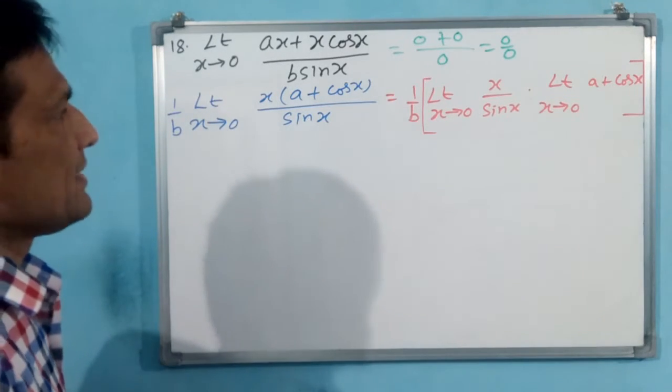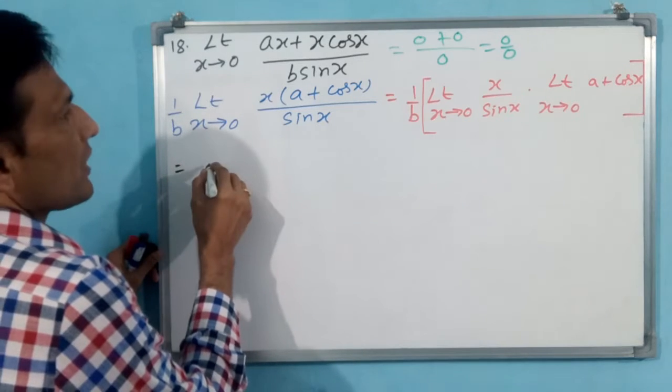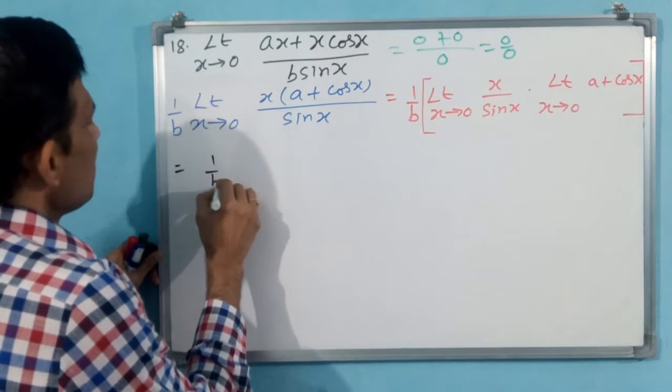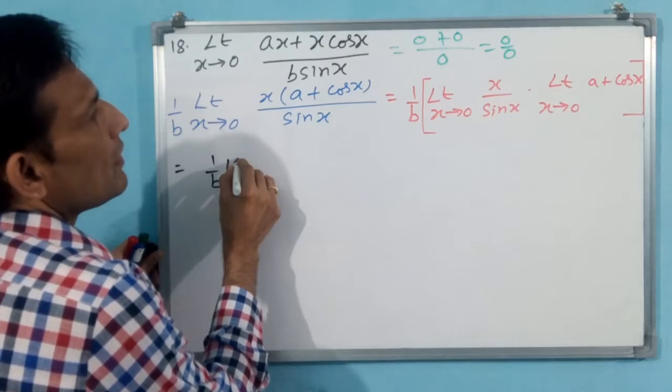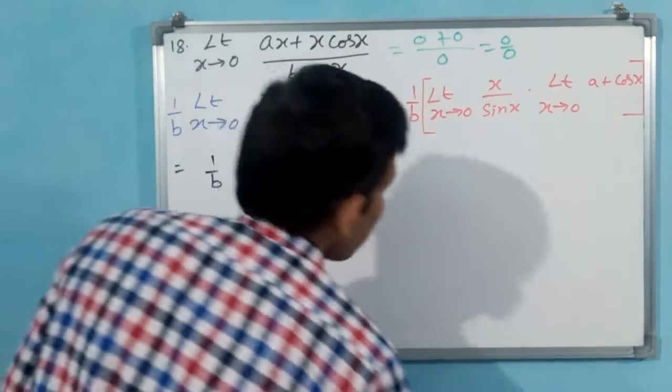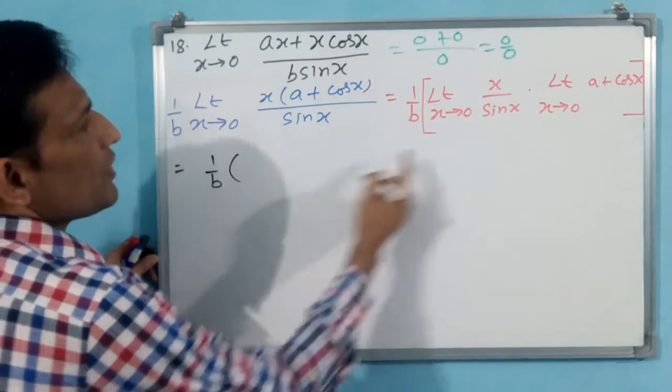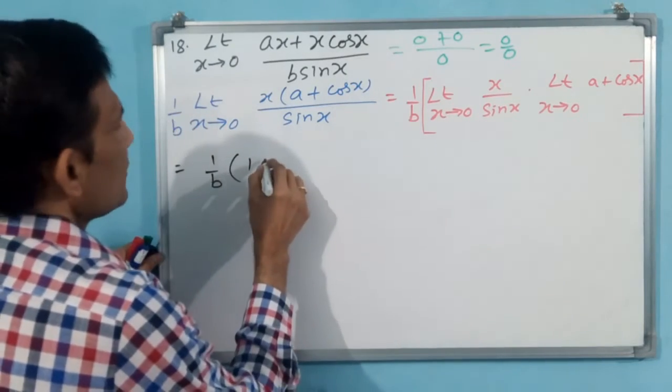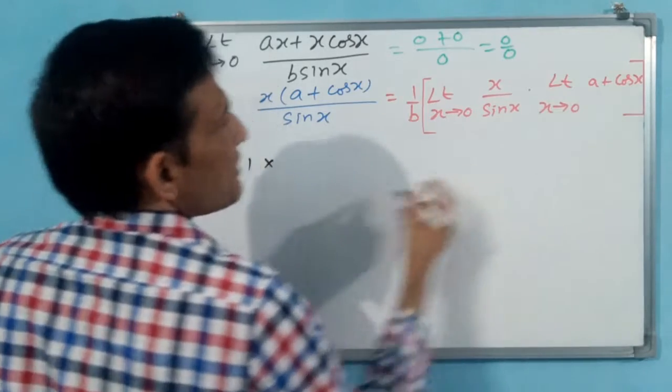Now you can proceed. 1 by b, and now I am applying the limit directly. 1 by b into, this has become 1, into this has become a plus 1.